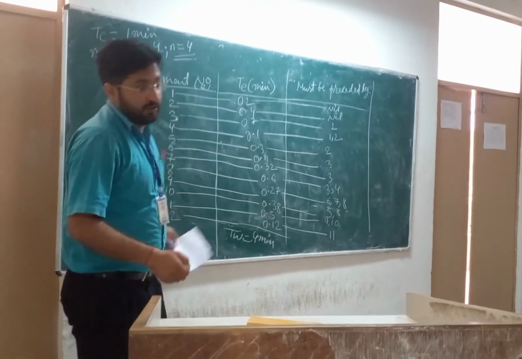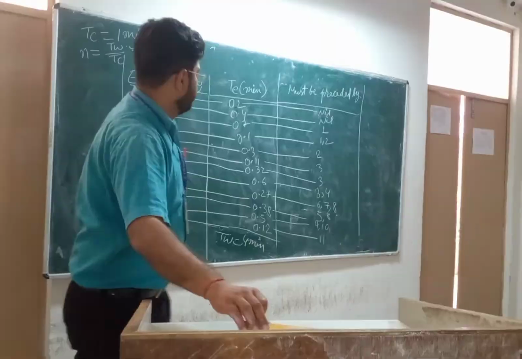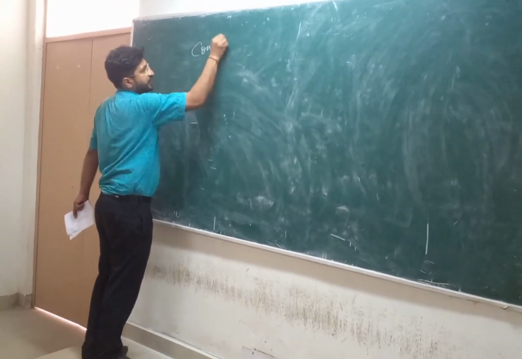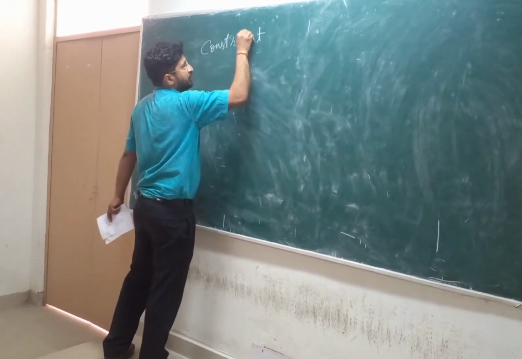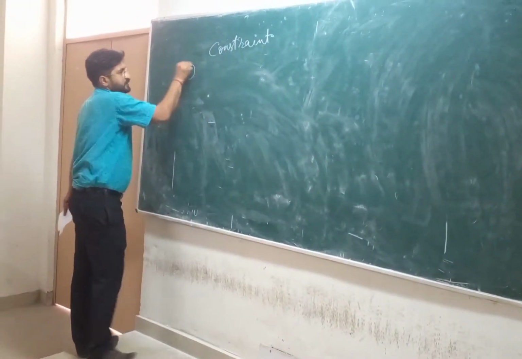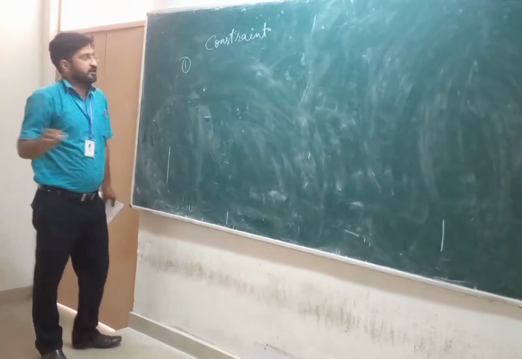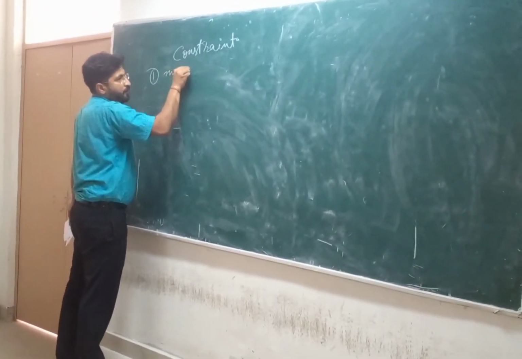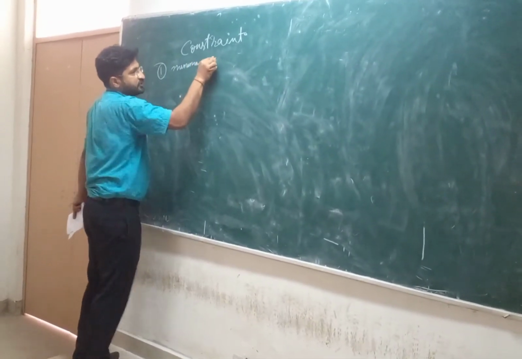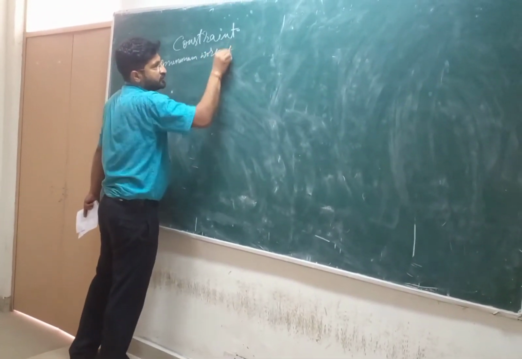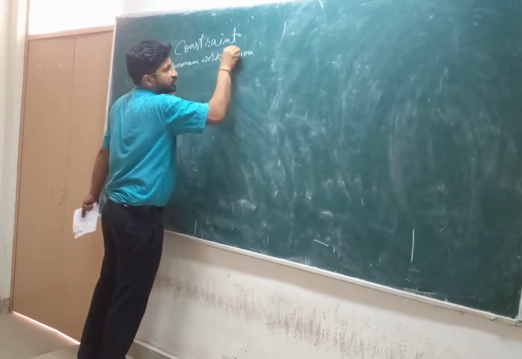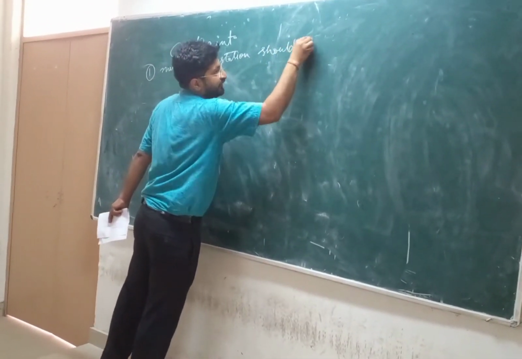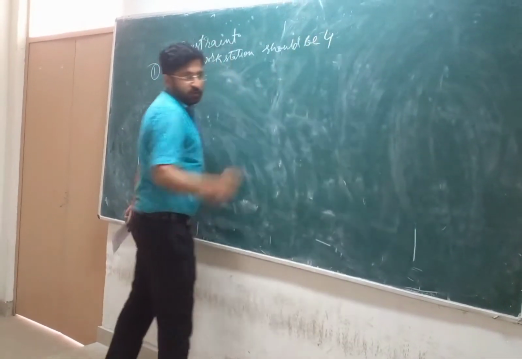So the first constraint is that the minimum number of workstations should be 4.